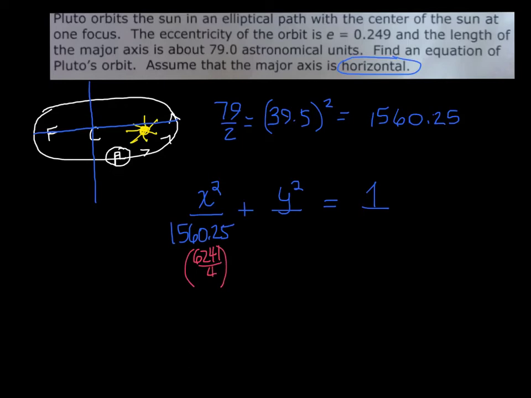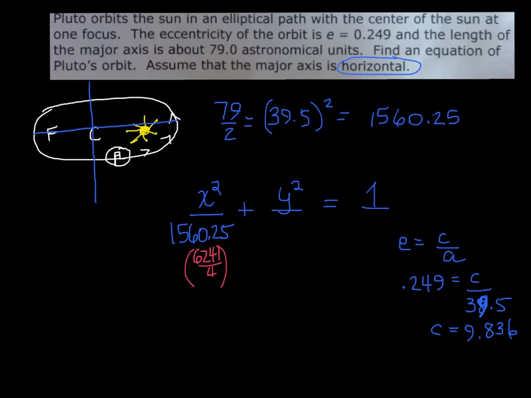Well, I have E, and E equals c over a. So c is going to equal... not really sure why I wrote 38.5 there. It should be 39.5. So c is going to end up to be 9.836.